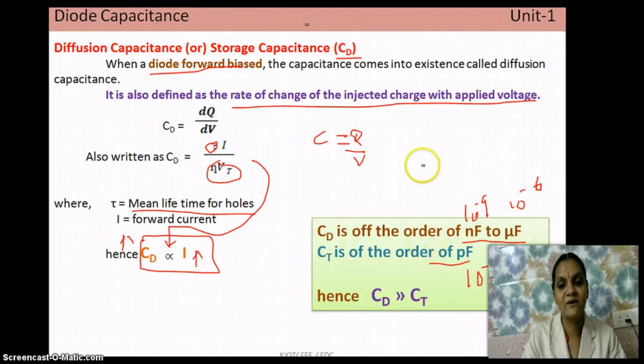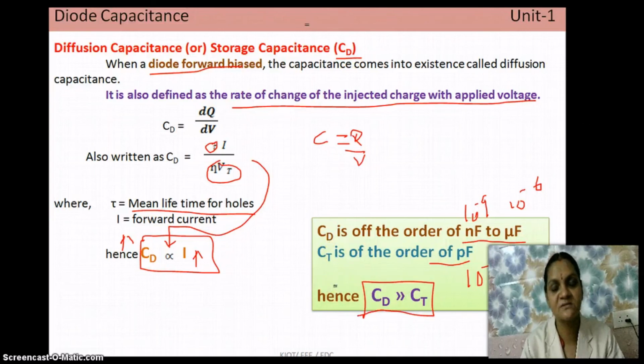So we can say diffusion capacitance is far larger compared to transition capacitance. This is the comparison between the two capacitances.